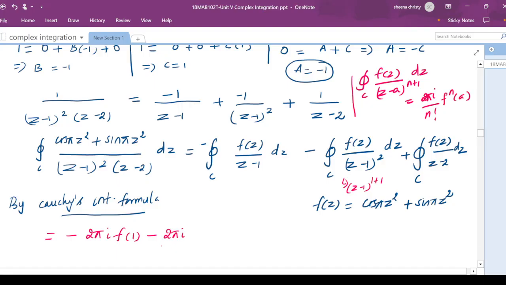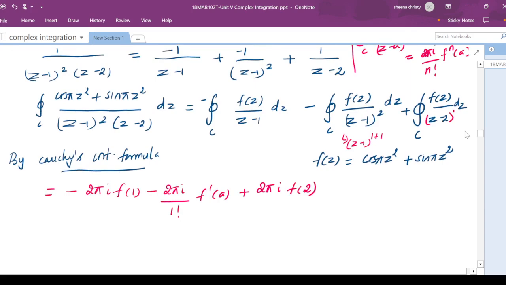So here it is going to be n equal to 1. So 1 factorial into f dash of a. Then plus 2 pi i into, here the power is 1 only. So you are going to have 2 pi i into f of a. What is a here? 2.